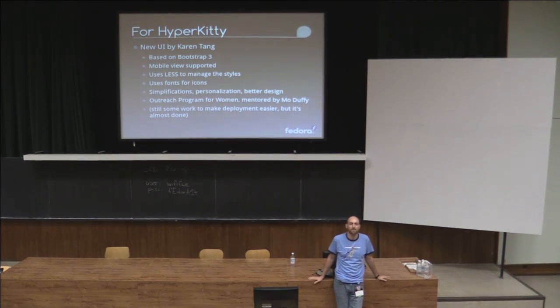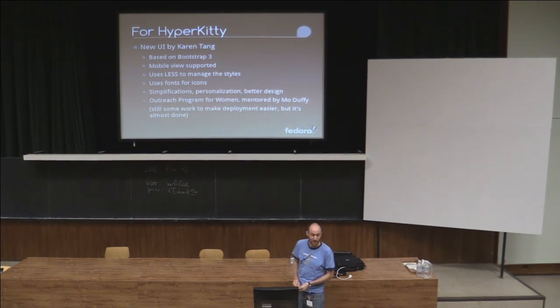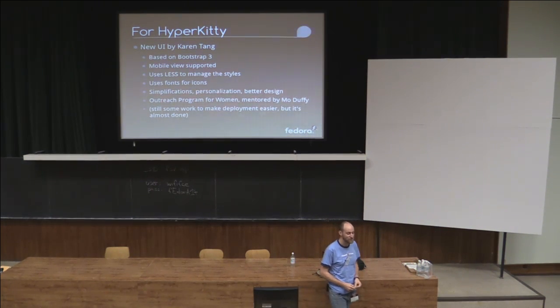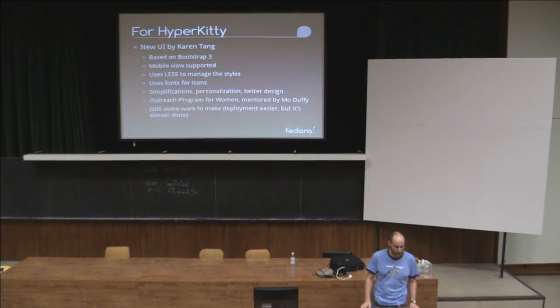Bootstrap 3 gives the mobile view first to the users, and then we can elaborate on that. So we have a mobile view for the web interface to mailing lists. That is interesting. You will be able to read all your mailing lists with your mobile phone now, which is good. It uses LESS, the CSS preprocessor, to create the files, so that's easier for us to maintain. A lot of improvements, like fonts for icons and everything.